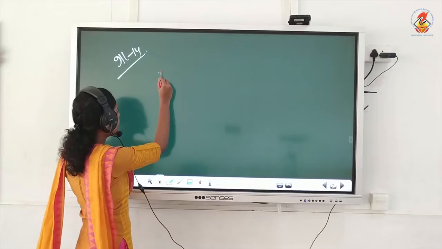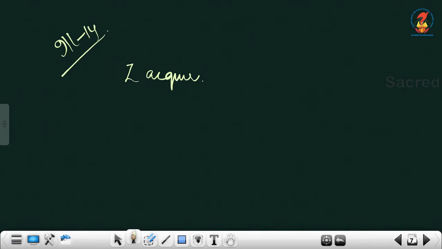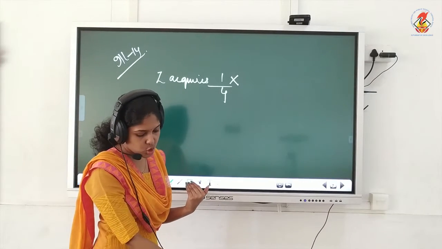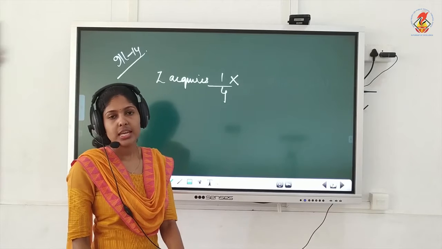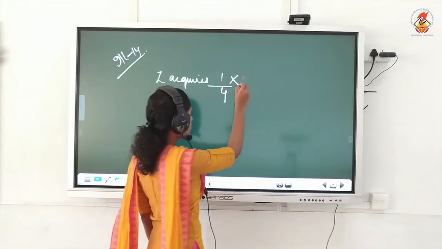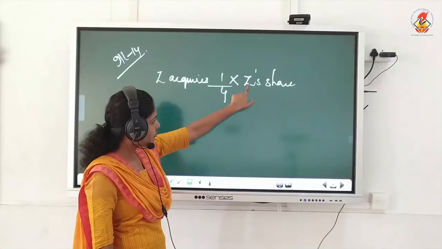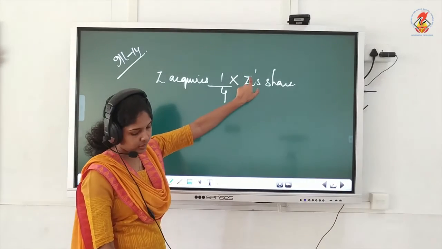Z is acquiring 1/4 of whose share? Of his share. Z share. Z share do we have in the question? Z share is missing in the question. So just write 1/4 of Z share. How he is getting this 1/4 of his own share, which is missing in the question.